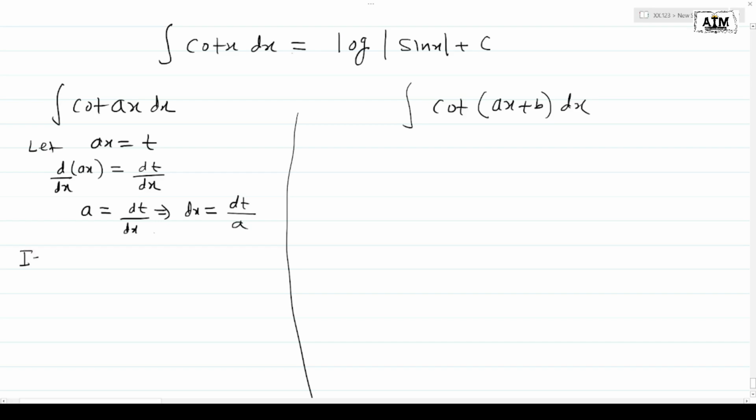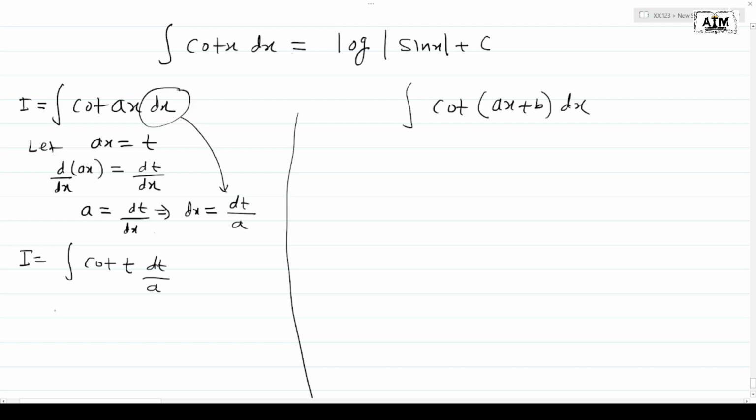Therefore I, which is the given question, equals integration of cot, in place of x write t, and in place of dx write dt upon a.